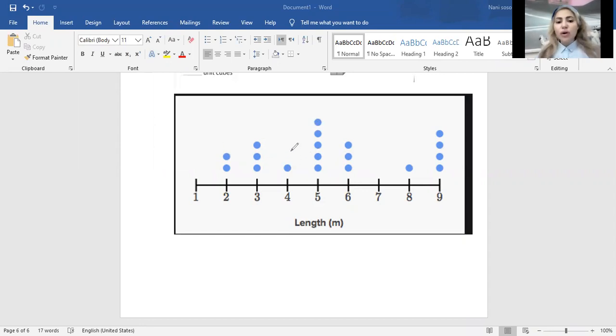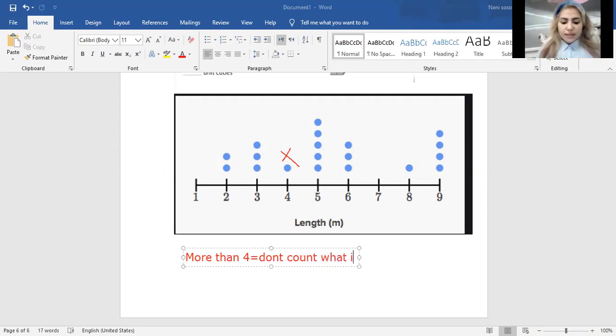So more than 4, don't count 4. Once I said more than 4, don't count what is on the 4.